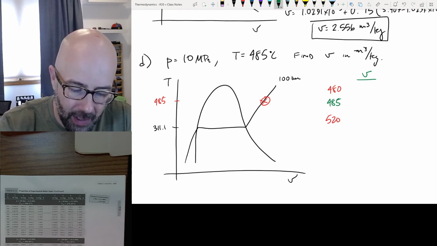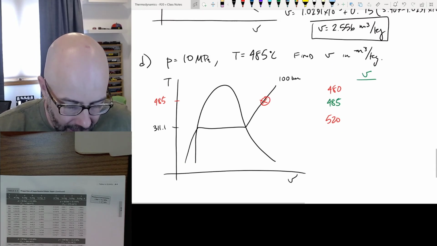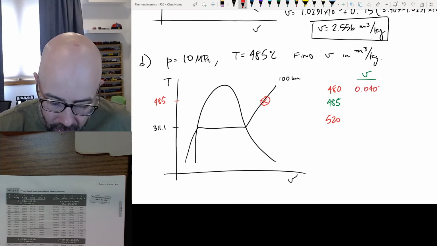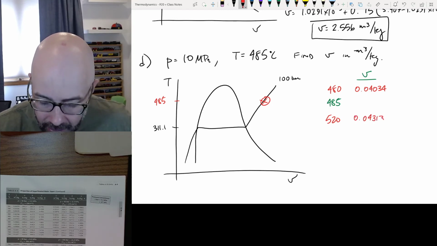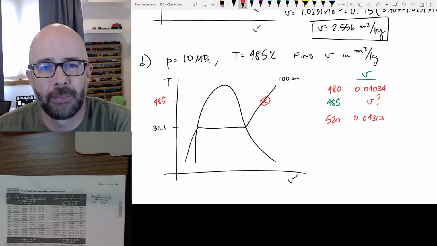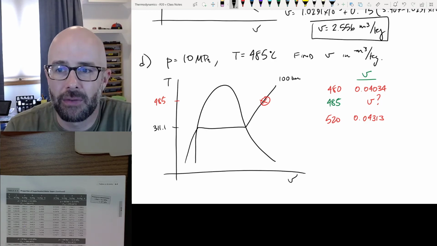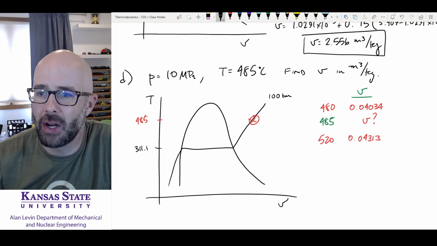For 480, my specific volume is 0.04034, and for 520, it is 0.04313. And I don't know what this specific volume is. So I'm going to assume it's a straight line between 480 and 520.